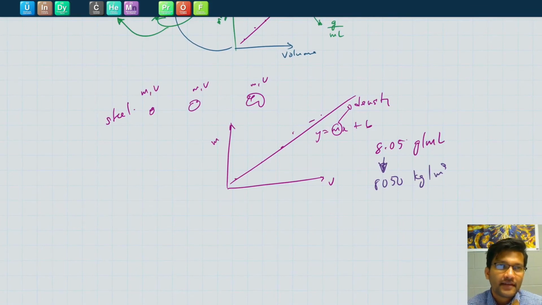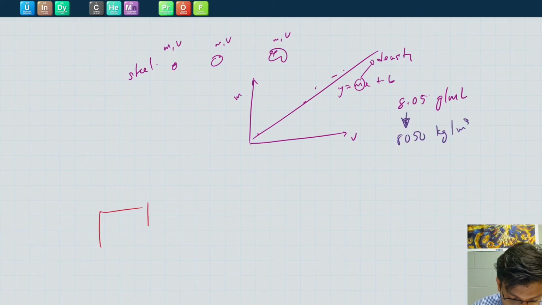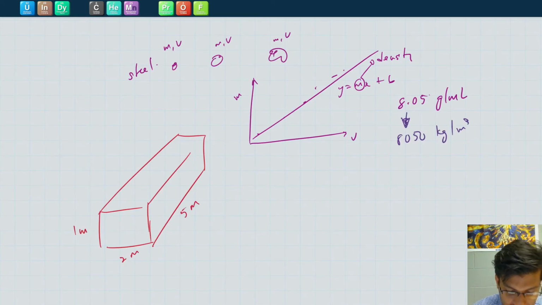What if you want to find out how much a piece of steel weighs, let's say it's a block of steel, kind of like this, maybe. That's 1 meter on this side, 2 meters on this side, and maybe, let's say, 5 meters on that side, right? You want to figure out how much this block of steel weighs.